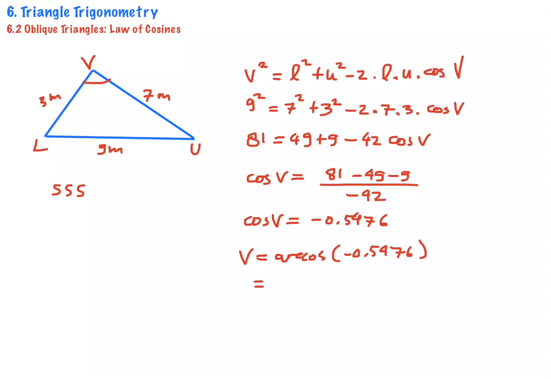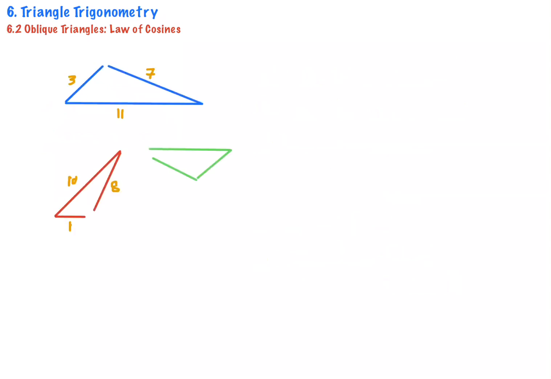But we cannot have a negative angle for a triangle, so we are just going to get the positive one, and that will be 123.2038, or we can just approximate it as 123.204 degrees.